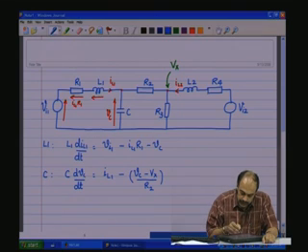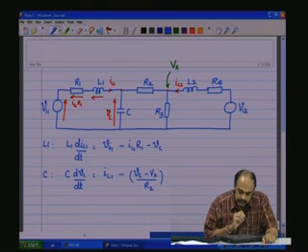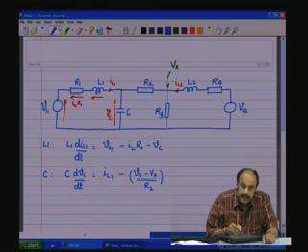Now, if you look at this potential Vx here.